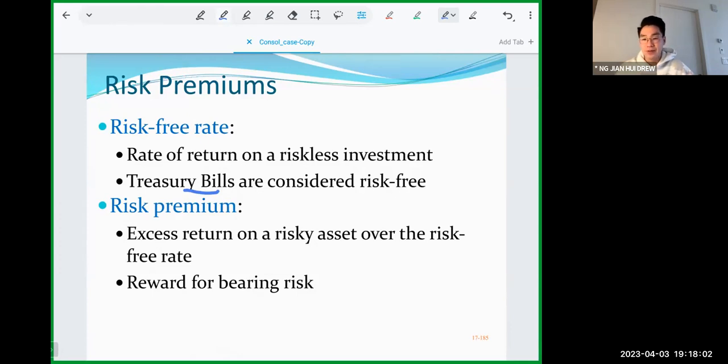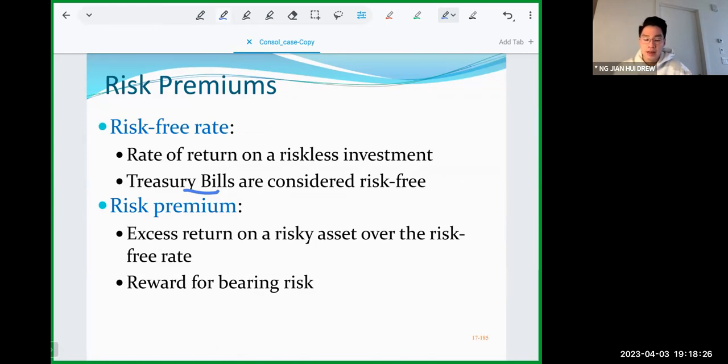Of course, if you are following the news, back in 2018 or even in certain economies now, we know that governments can actually default on their payments, right? When the government actually goes bankrupt, there are a few countries that are experiencing this quite badly. Not sure if you all know, like Lebanon.